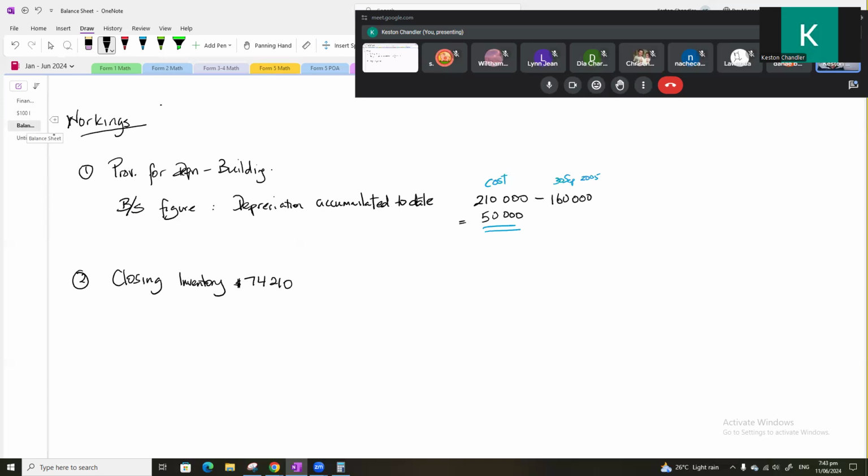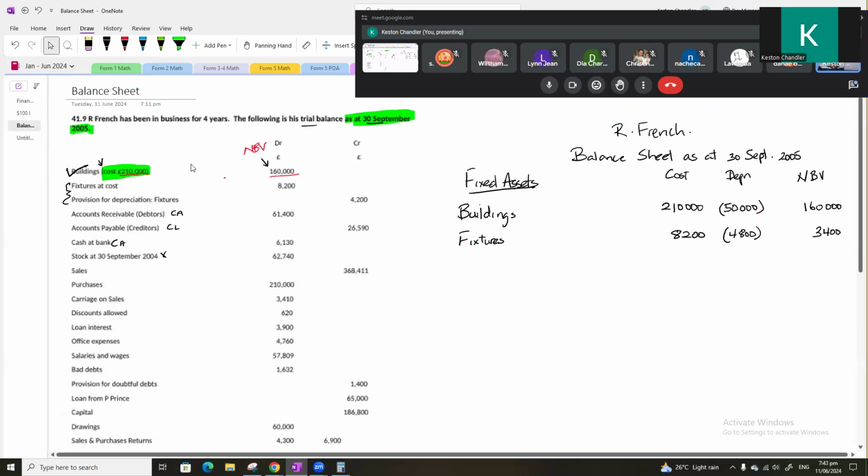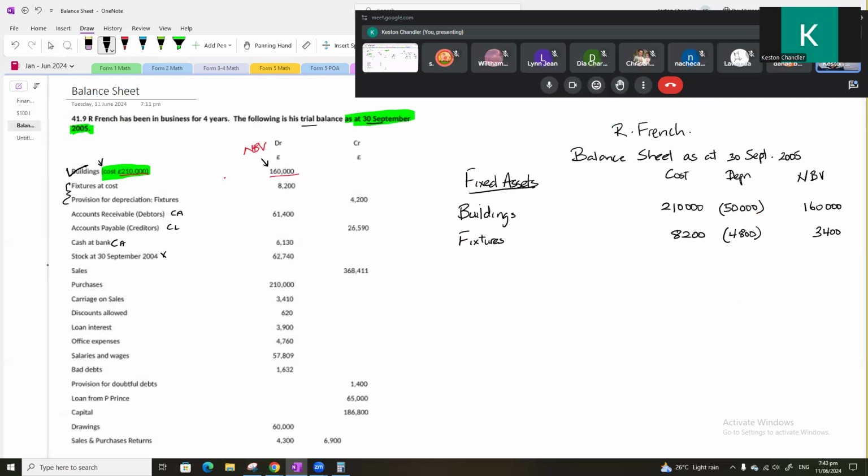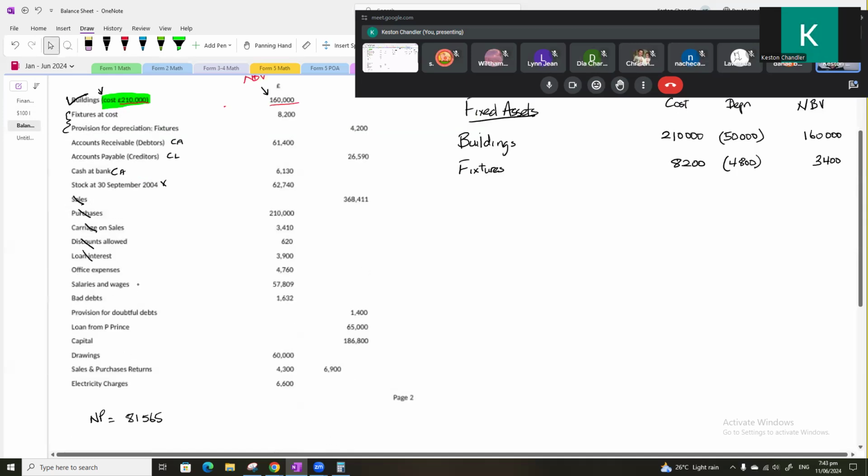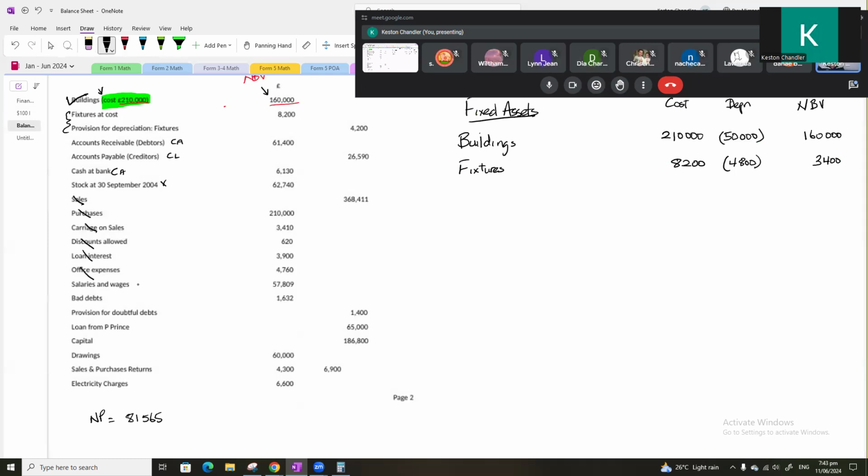Right? So we're going again. Sales and purchases, we're not using this. Not using this, not using this. Loan interest as well. All of these things were for our profit and loss, sorry. These two figures, we actually need to use to subtract from our total debtors here.